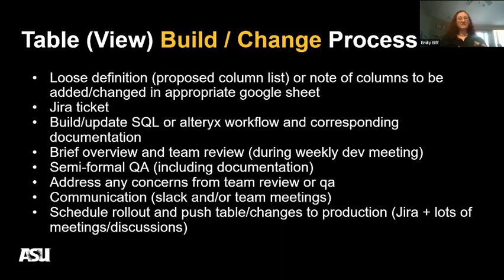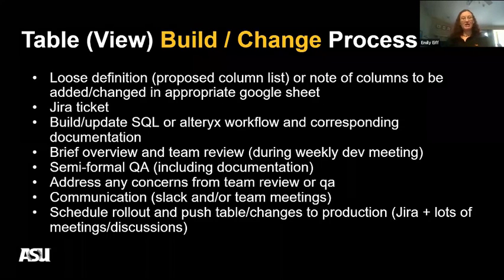Once that's complete, the builder will review the code and documentation with the team during a weekly development meeting, and then ideally go through a quality assurance review one-on-one with another teammate. Any recommendations or concerns that came out of the reviews get addressed, and everything gets re-reviewed and signed off on.